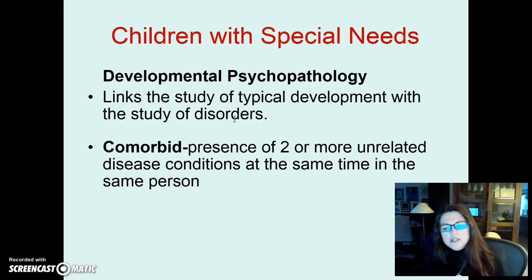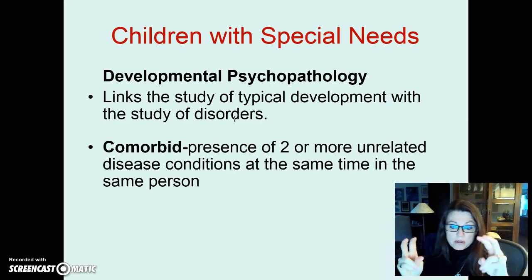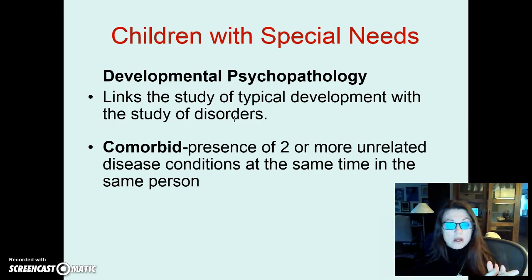Developmental psychopathology is what people study to link typical development with the study of disorders. So we look at what's normal, typical, neurotypical, and then what veers away from that one way or another. Now, comorbid, I think, is an important term because it talks about the fact that there might be 2 or more unrelated disease conditions at the same time.